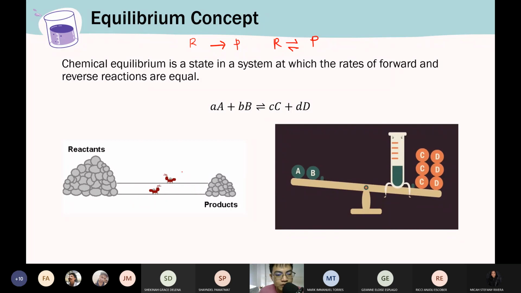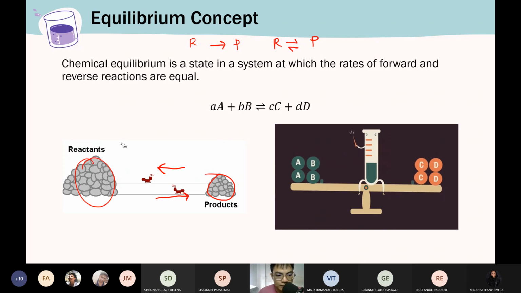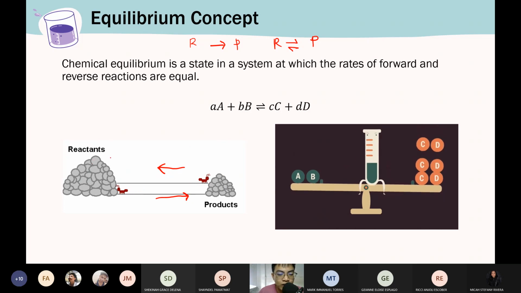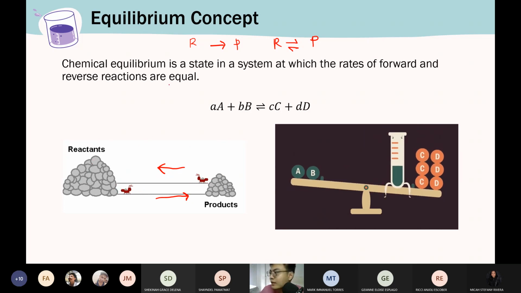So meaning, yung rate ng forward reaction is the same as the rate of the reverse reaction. Hindi naman necessary that the amount of the reactants and products are equal. What's necessary is that in a chemical equilibrium state, there's an equal chance of your reactant turning into product and your product turning into reactant.